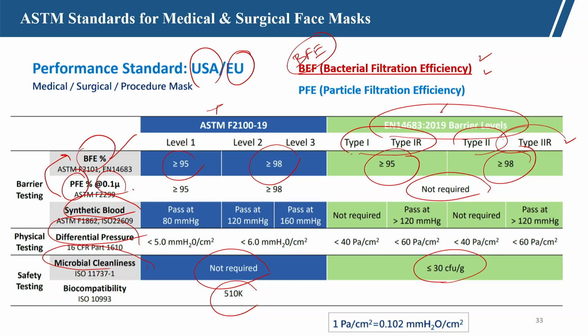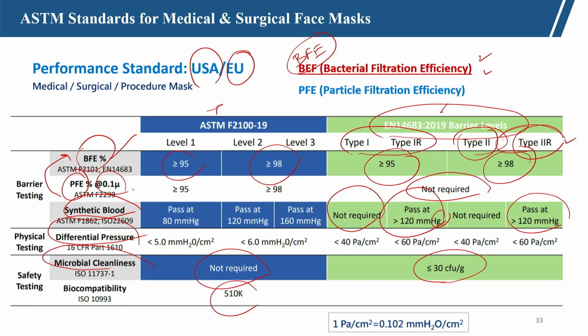For synthetic blood penetration, type 1 has no test required, and type 2 should also withstand more than 120 millimeter Hg, that is mercury pressure.